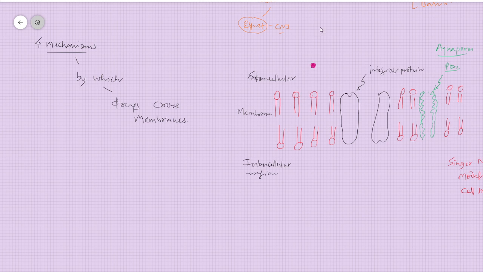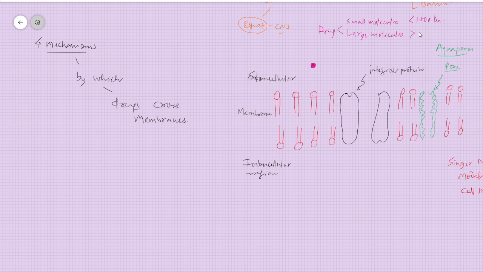Okay. So drugs, depending on their molecular weight, can be classified as small molecules and large molecules. Small molecules have a molecular weight less than 1,000 daltons.